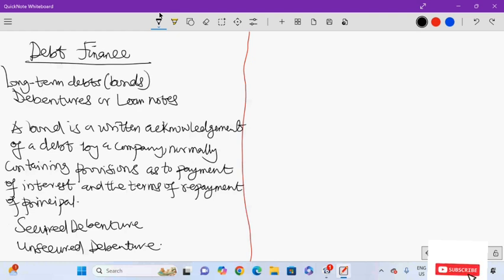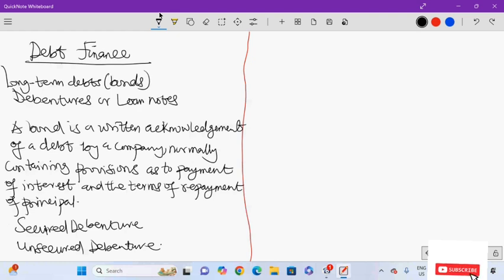And I believe from this you'll be able to derive the unsecured debenture. With the unsecured debenture, we are not going to use your asset in case the company goes into liquidation. Your asset will not be used as a collateral, as a security.